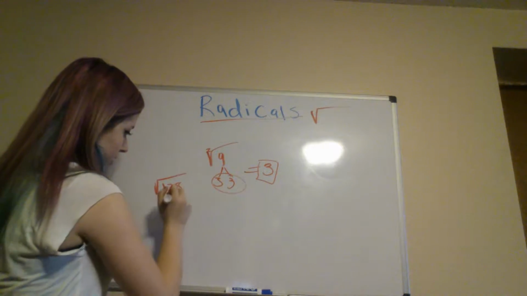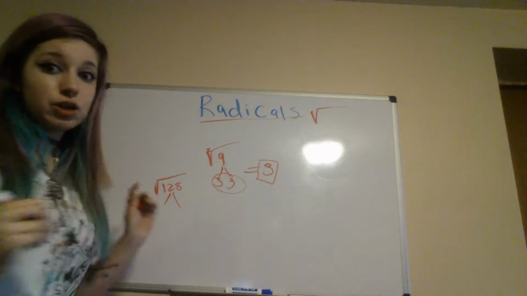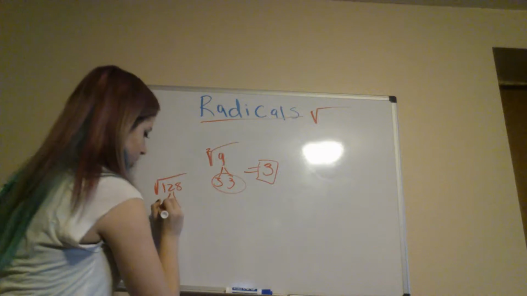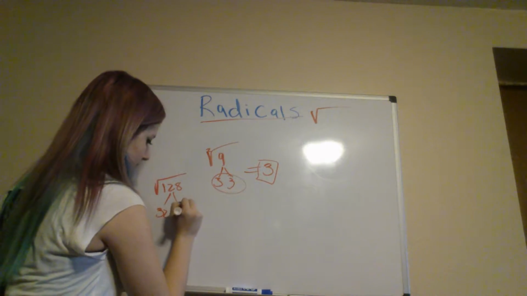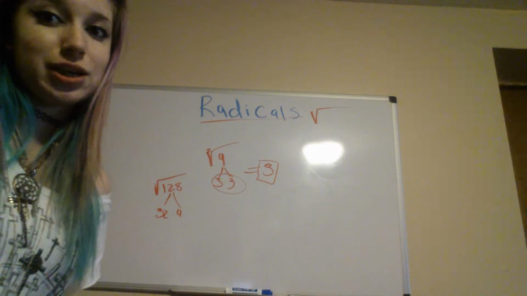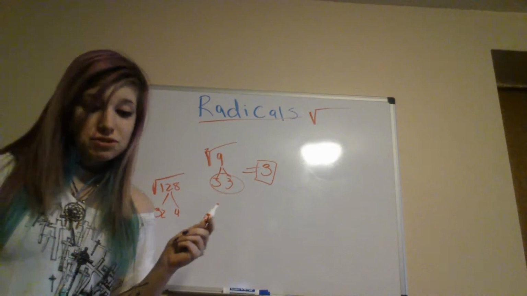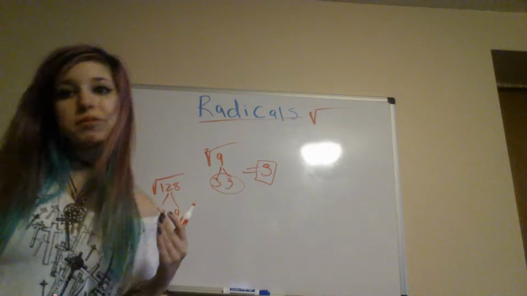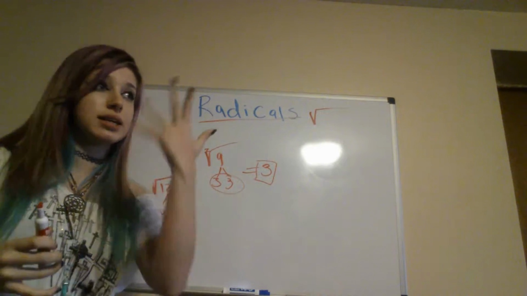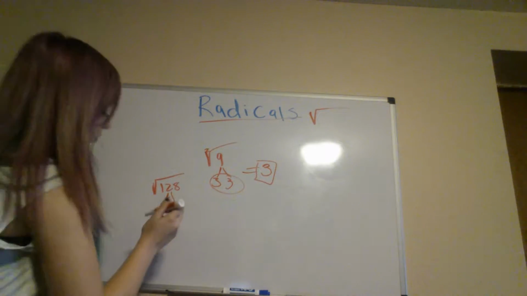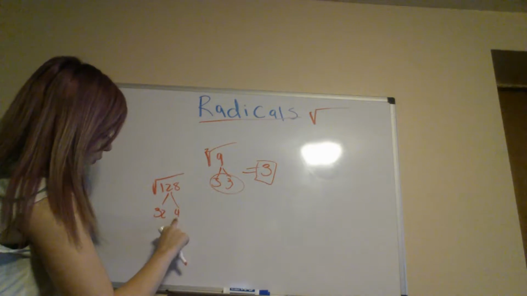Okay, now, if you don't have that pretty of a number, then let's go into the square root of 128. Now, 128 could break down into 32 and 4, right? Let me check. And I was right, and I still just dropped that cap. That's like the second time today. Oh well, but 32 and 4.